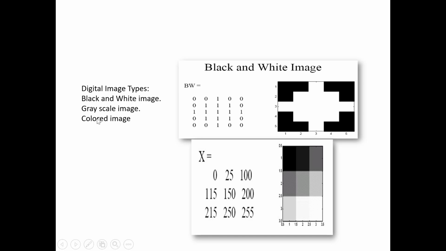If we are talking about the color scale image, it contains basically three different channels: red, green and blue. So there are three major components, the red color channel, blue color channel and green color channel.